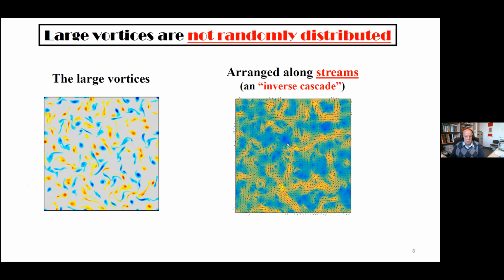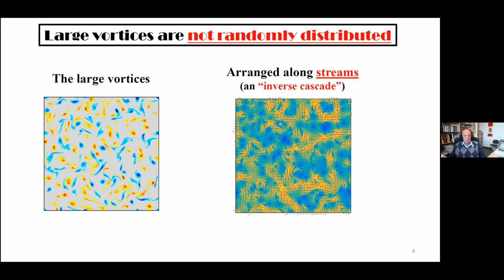These vortices tend to form dipoles, and then these dipoles become organized into streams, like things in a necklace. There will be a dipole here, and another dipole there, and they get these long streams.